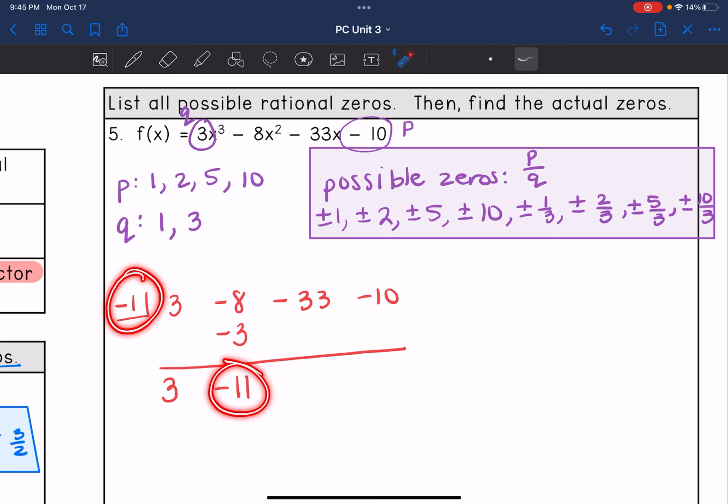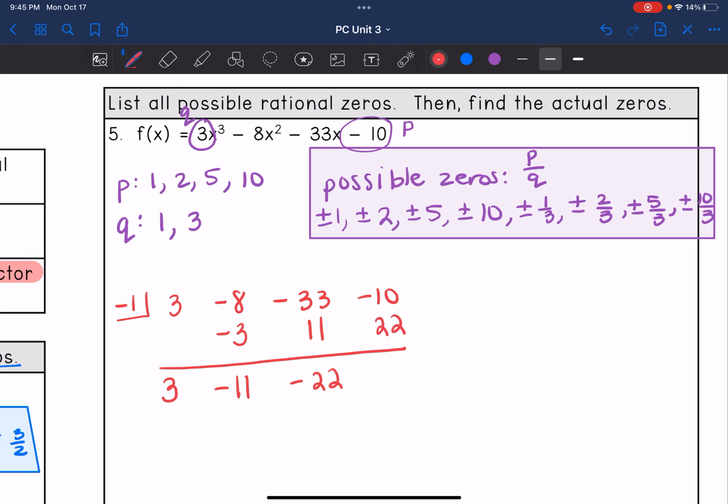Negative times a negative makes this +11, so that would be -22. Negative times a negative makes this +22, which when I add that is 12. So that last number didn't equal 0. So that means that -1 is not one of the zeros.